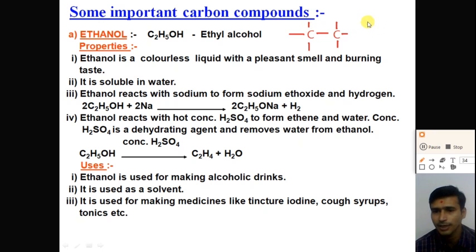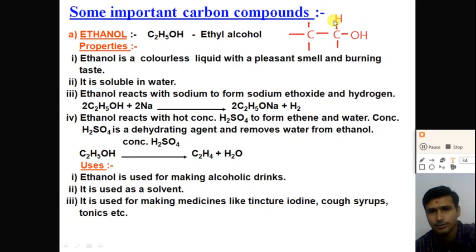But one of the hydrogens is removed and it is connected with the alcohol group, OH, right? So the OH is connected with either of the carbon atoms. Any one of the carbon atoms makes a single bond with the OH, that is ethyl alcohol, and the other hydrogens are left as they are.